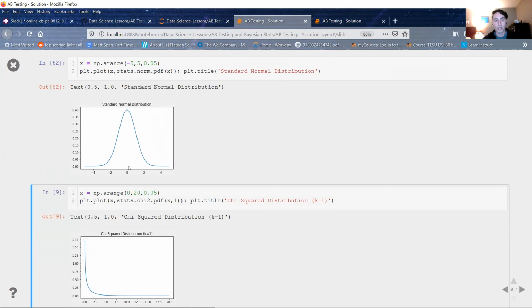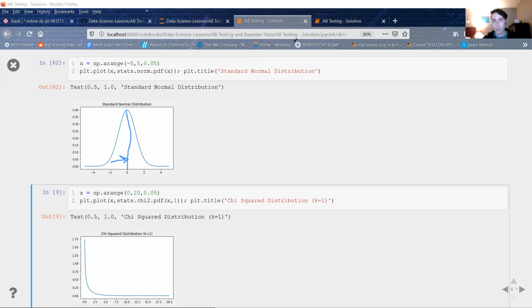So you can think of it, all the values in the normal distribution less than 0, when they get squared, they're all going to become positive. So you can see that it kind of moves everything over. It becomes a lot taller as a result.